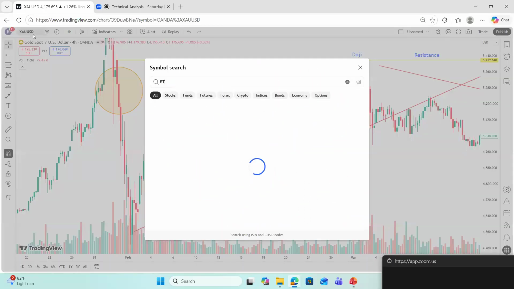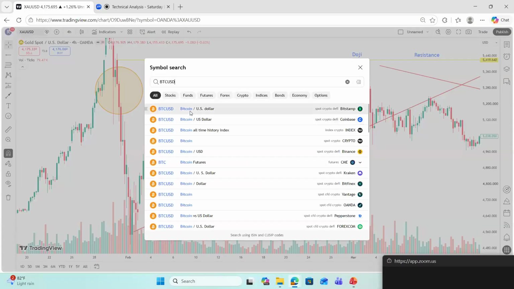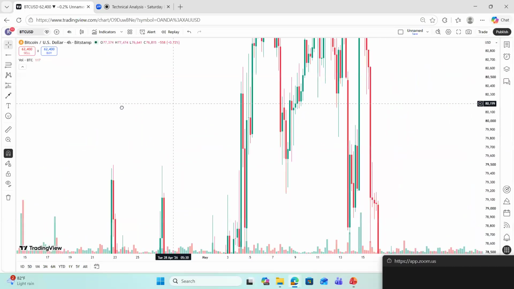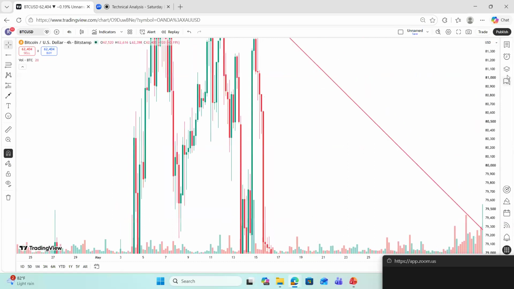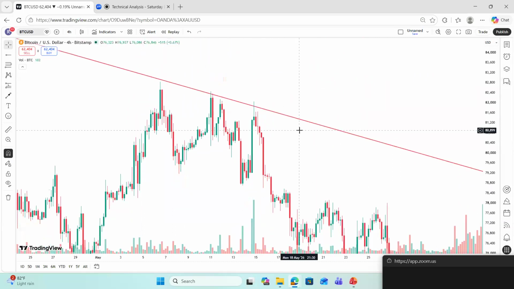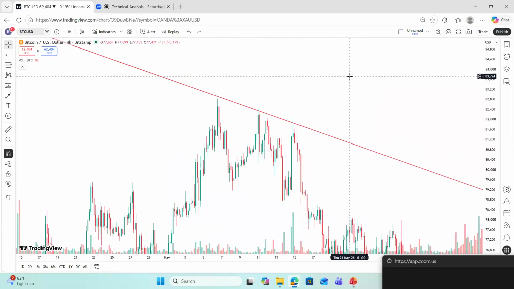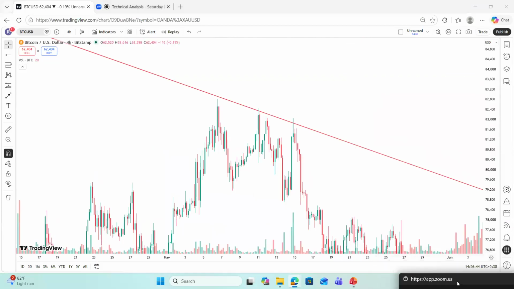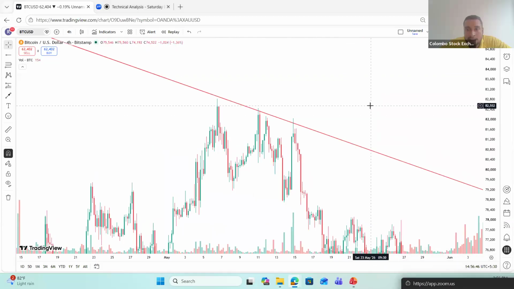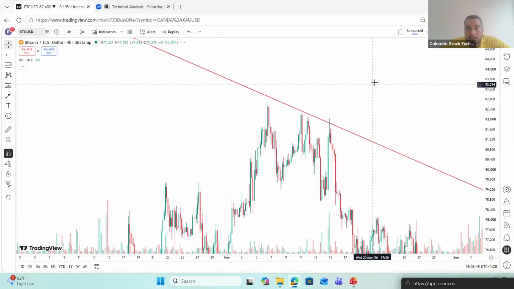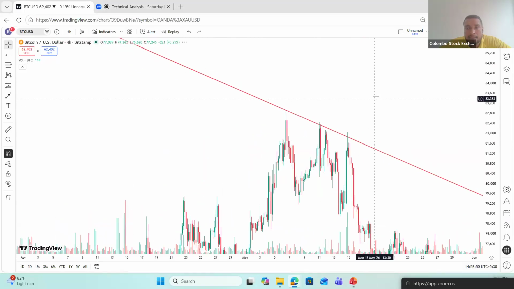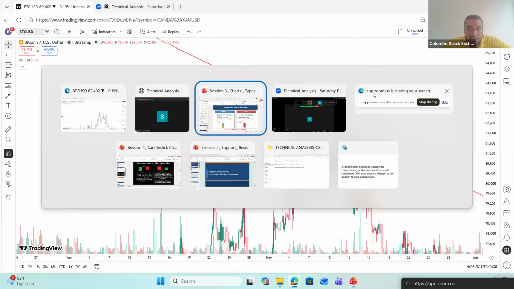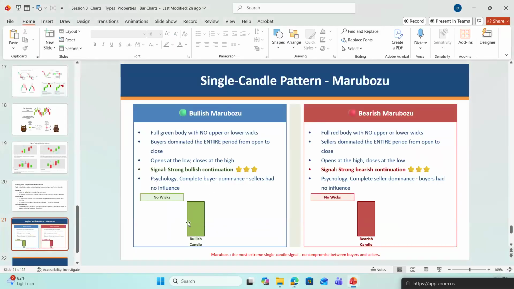But in other candles also, if there is a big wick, that means there's buying and selling happening at the same time. There is usually buying and selling happening at all times.